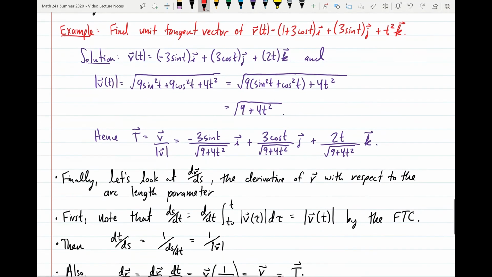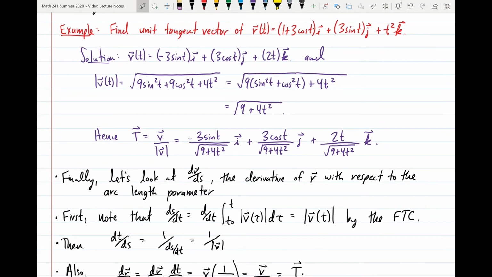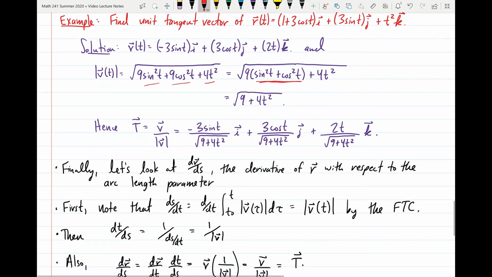And now we want the magnitude of the velocity. That's going to be the square root of 9 times sine squared t plus 9 times cosine squared t plus 4t squared. And again, we can use the fact that sine squared of t plus cosine squared of t is equal to 1 here. Ultimately, we find that the magnitude of the velocity vector is equal to the square root of 9 plus 4t squared.